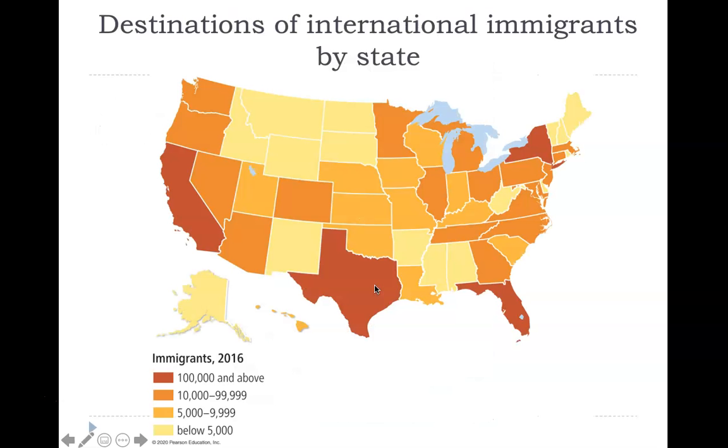South Pacific. Okay. Within international immigrants by state, we see a clear tie to the southern United States where jobs are plentiful. Also closer to Latin America, proximity will matter. Look at New York in terms of a population place, and New York City in particular as a destination for international immigrants.